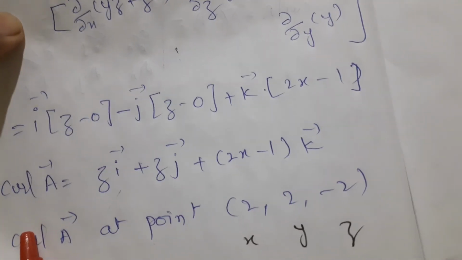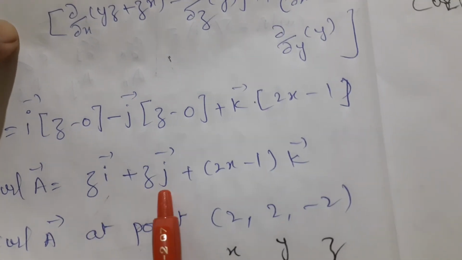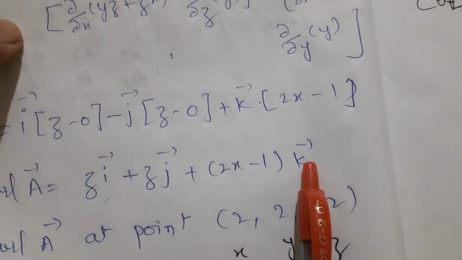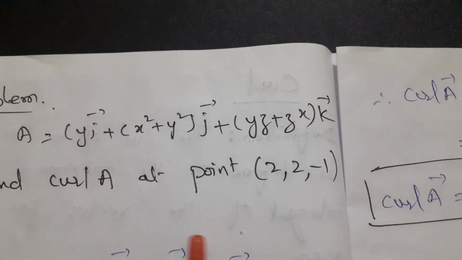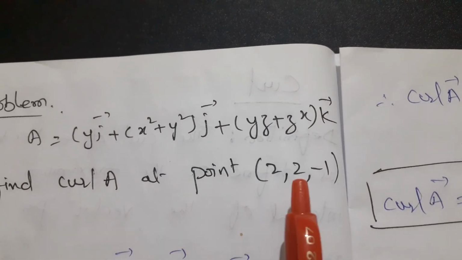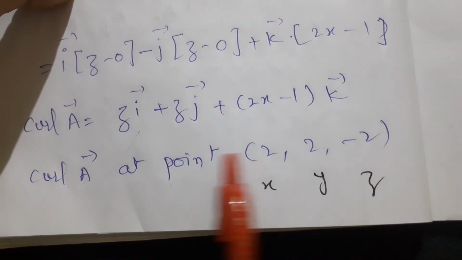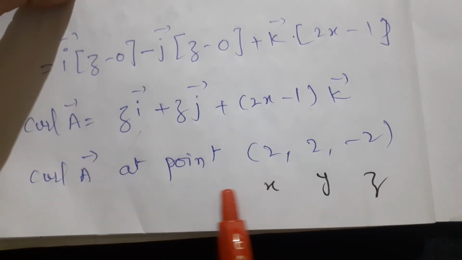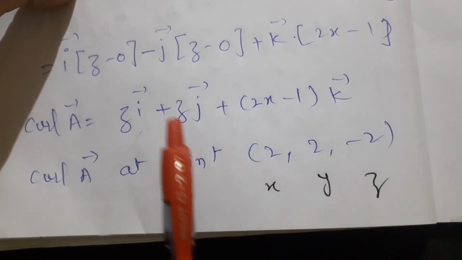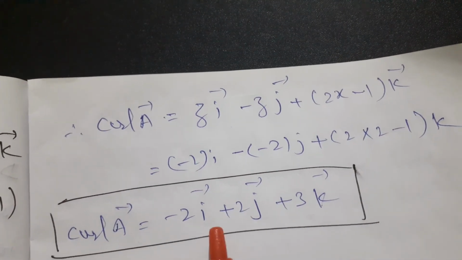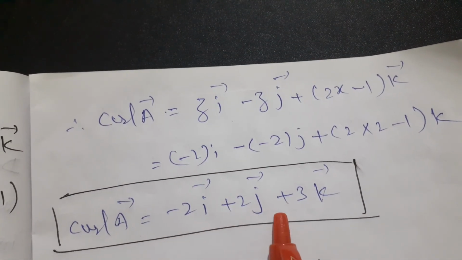Then curl A can be written as zi plus zj plus (2x minus 1)k. Here the point is given as (2, 2, minus 1), so we simply substitute the values of x, y, z in the above equation. Then we will get the curl A equal to minus 2i plus 2j plus 3k.